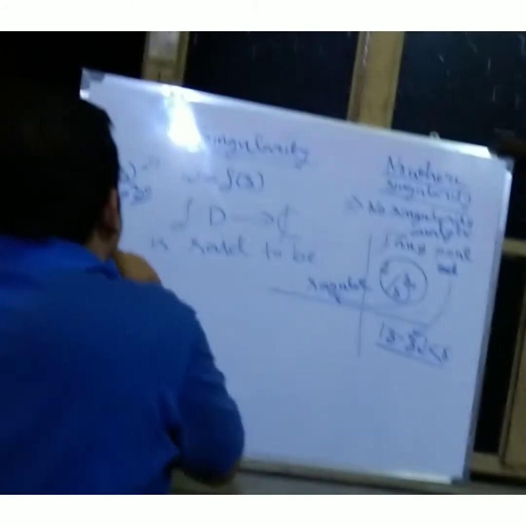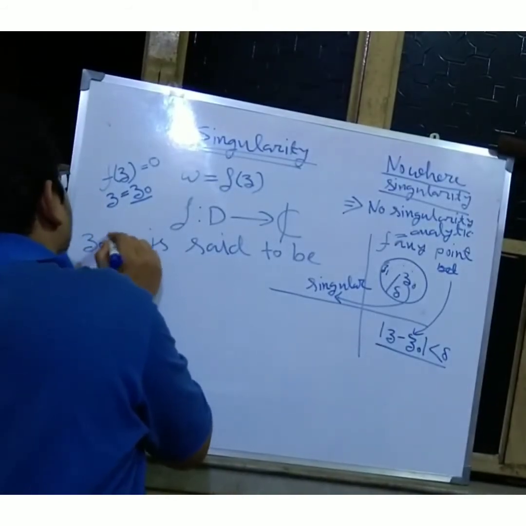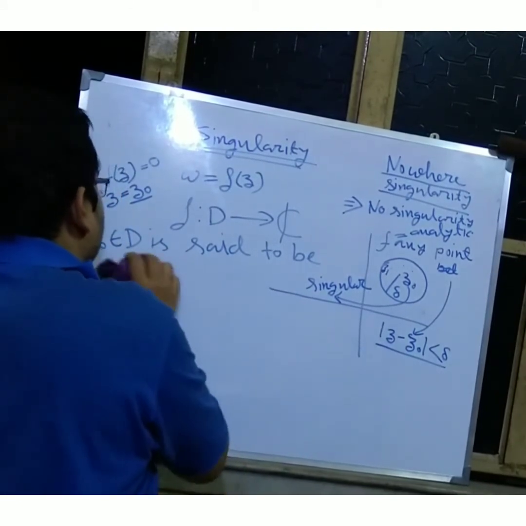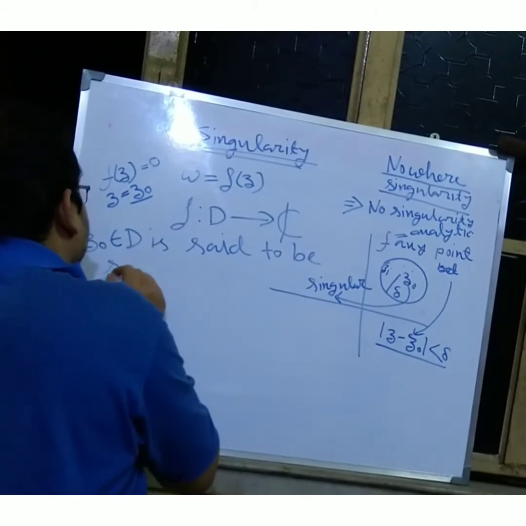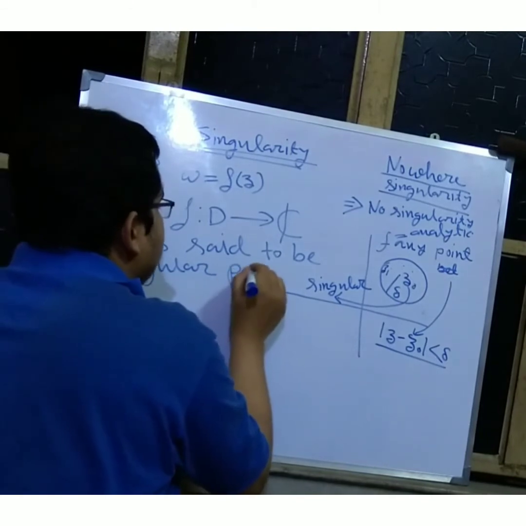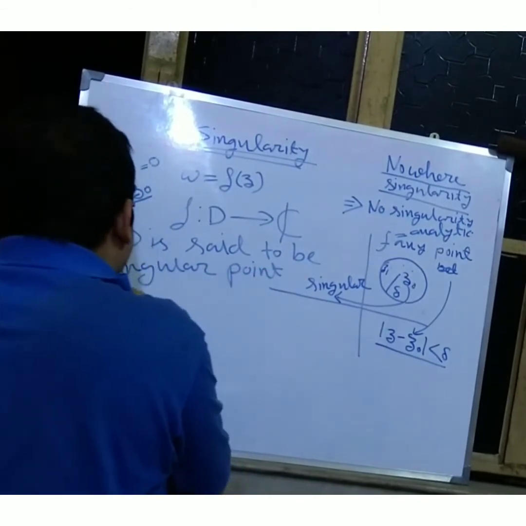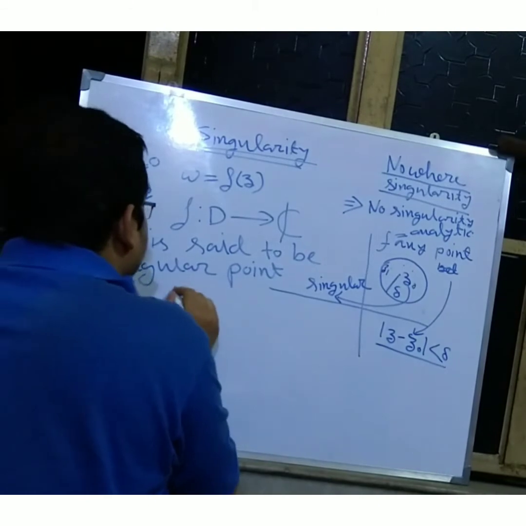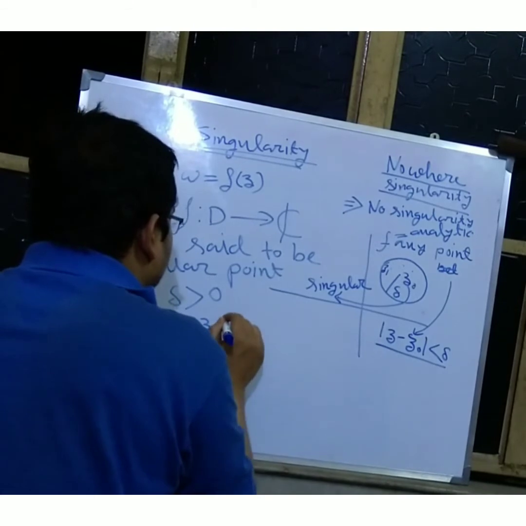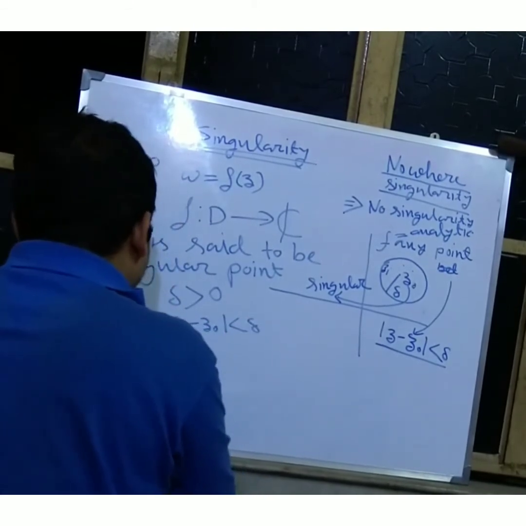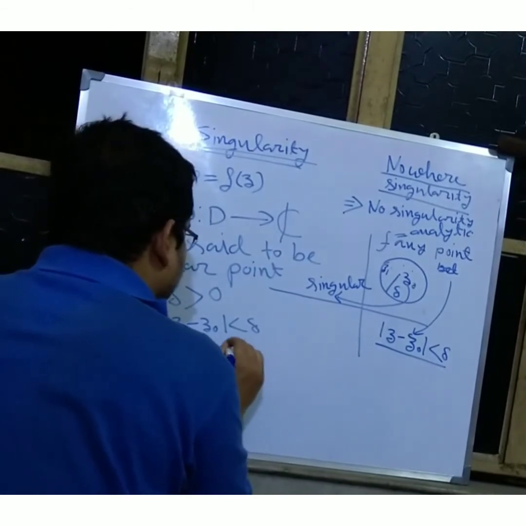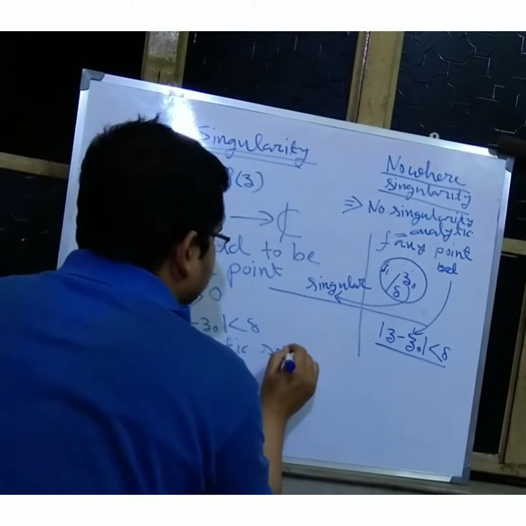And z0 belongs to D is said to be a singular point if and only if for all delta greater than 0, with mod of z minus z0 less than delta, f is analytic somewhere.